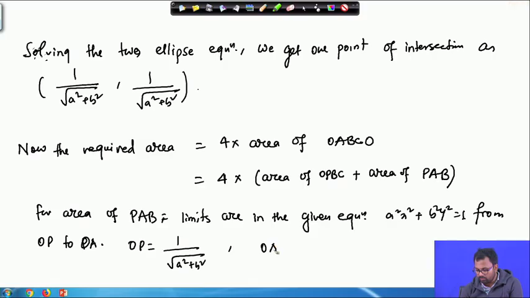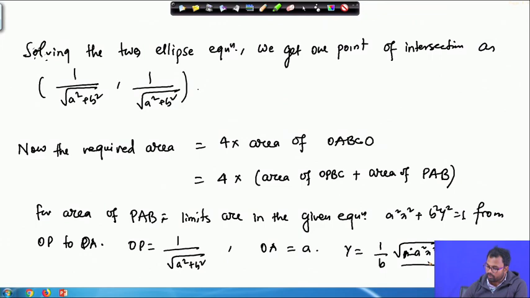So from OP to OA, from here to here, the limits are OP to OA, where OP is 1 by square root of A square plus B square and OA is our A. From here we can solve for y. So y is basically 1 by B times square root of 1 minus A square x square. So this is our y.